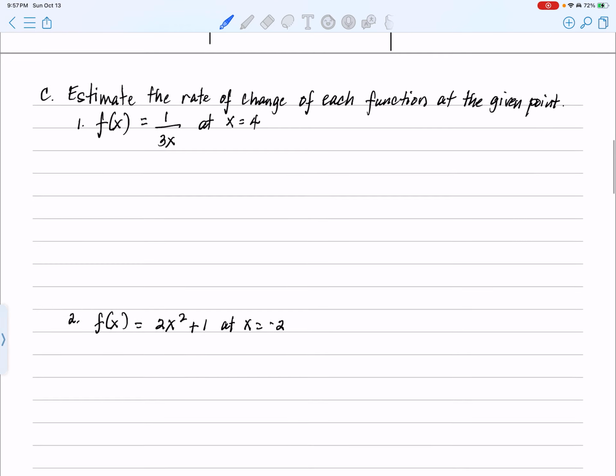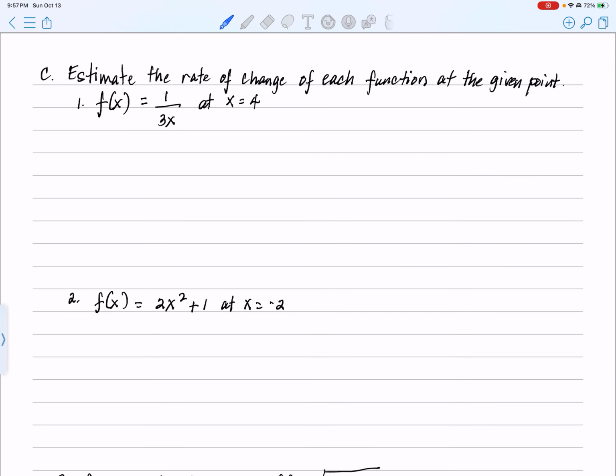In letter C, you are asked to estimate the rate of change of the function at a given point. At a given point. That means the rate of change we are looking for is the instantaneous rate of change.